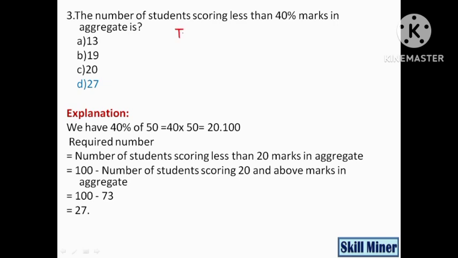Since the total score is 50 marks, less than 40% of 50 is equal to 40 divided by 100 into 50.